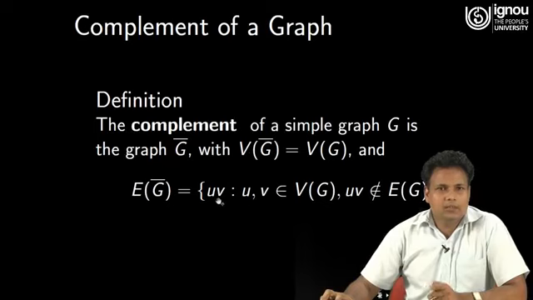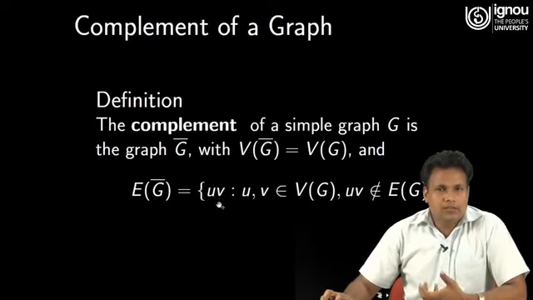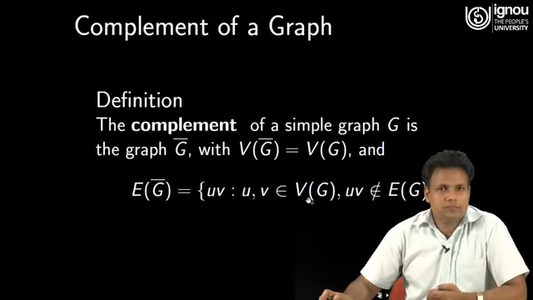The edges which are missing in G means you just consider the complete graph with the same vertex set as G, and then you look at any two vertices U and V, and if U and V are not adjacent in G, then those vertices would be adjacent in G bar.